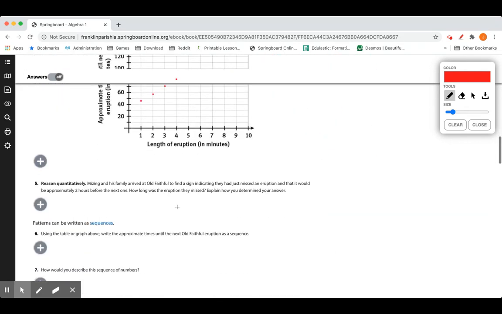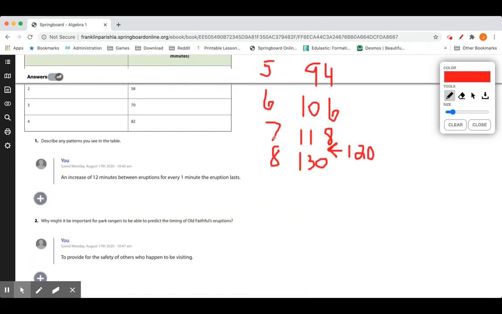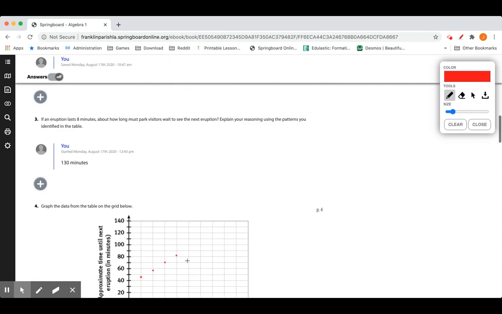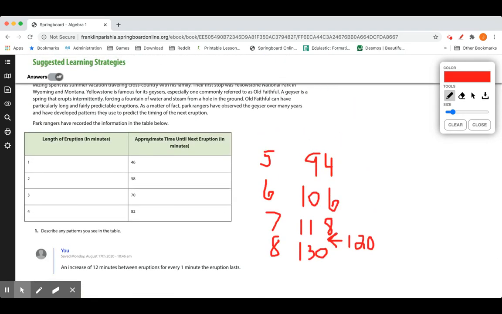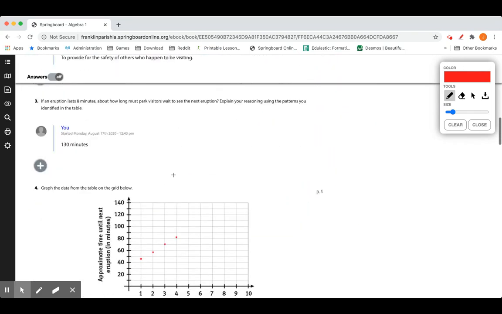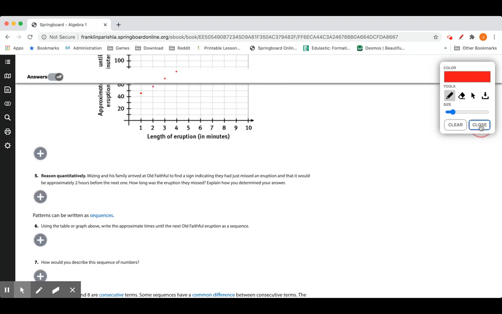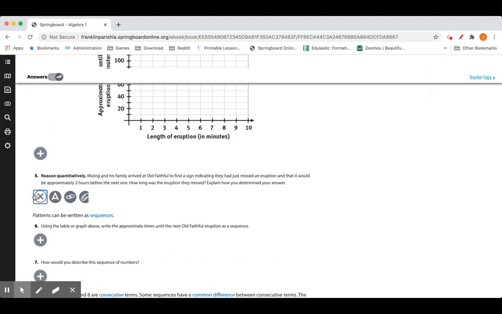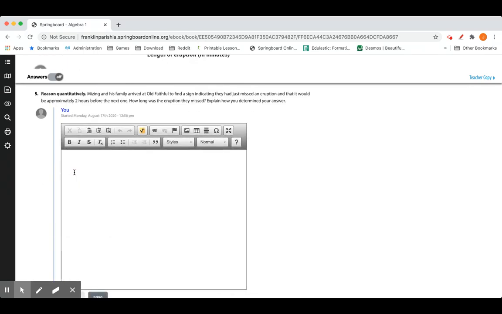So let's see, number 5. How long was the eruption that they missed? It was about a little over 7 minutes. Remember, all of these are also approximate. That means about. So, around 7 minutes.